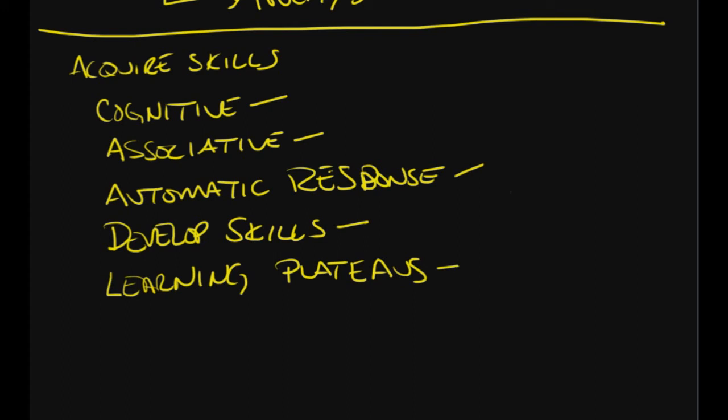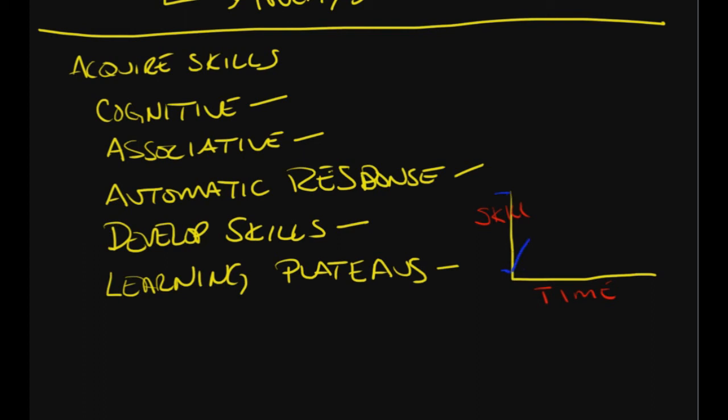If we were to graph learning, it might look something like this, where we have skill over here and time over here. We can gain a whole bunch of skill early in a short amount of time because, well, we really suck down here, and up here is really, really good. This is expert level.